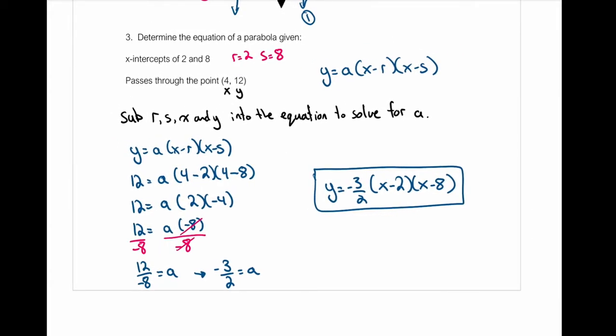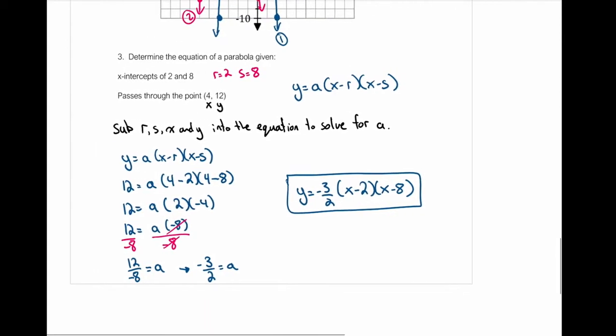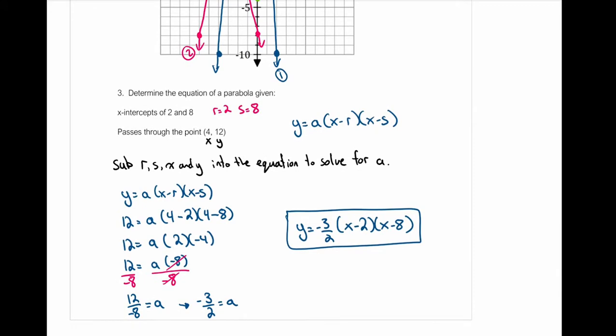We should be given enough information for this specific form, plus a point to fill in for x and y, and then you solve using algebra for the a value, and then we can rewrite our equation with the correct variables filled in. But again, the main thing here is looking at factored form and just understanding what information the factored form gives us, how we can find the vertex, and how we can plot this graph.